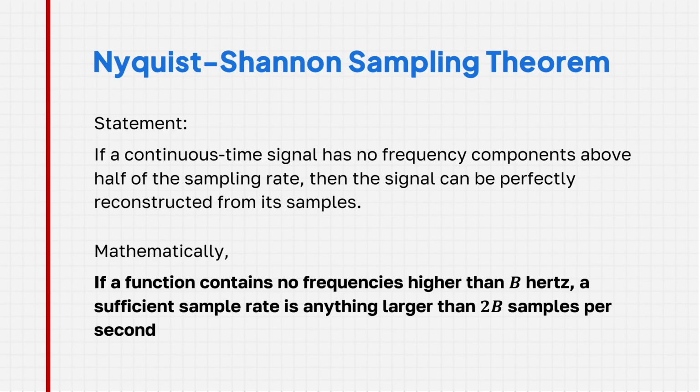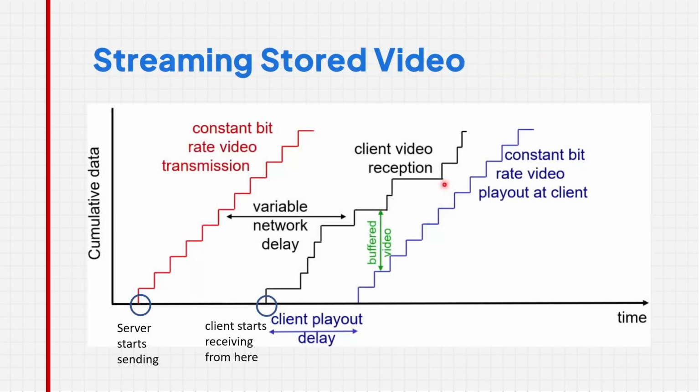That is one version of this theorem. So from this statement, you can obtain a good sampling rate for your function. Any questions? No? Yeah. You will see that in information theory if you are interested.